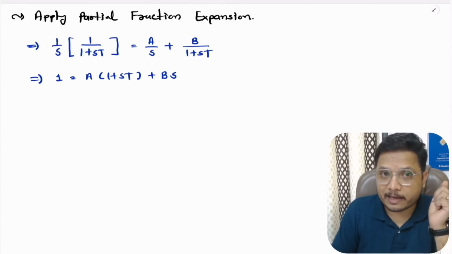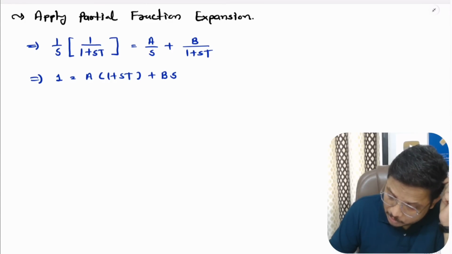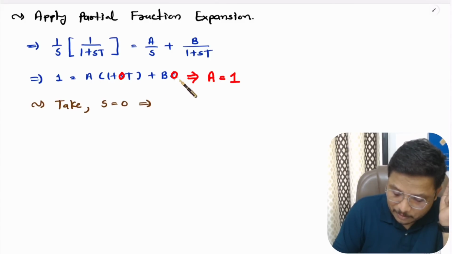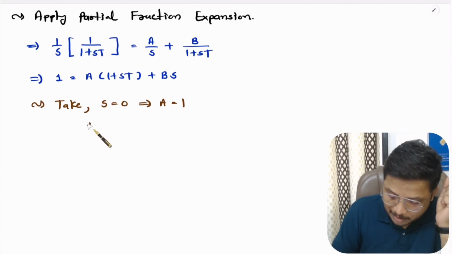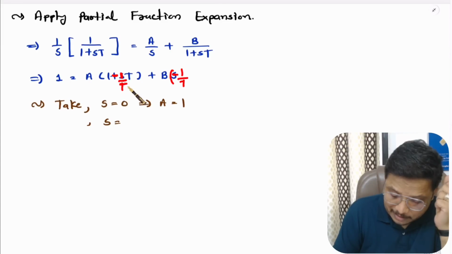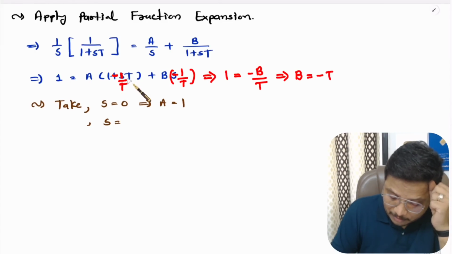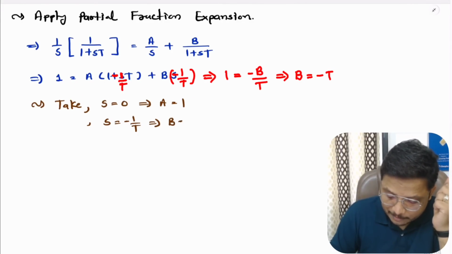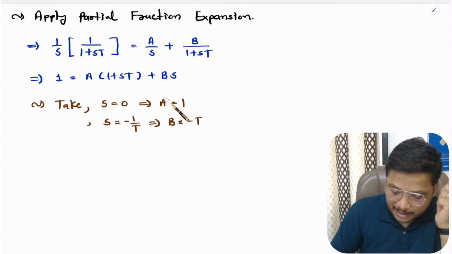Now we need to identify the constants A and B. To identify them, we need to assume values of s. If you assume s equals 0, then A will be 1, right? And if you assume s equals minus 1 by T, then 1 minus 1 will be 0, so we will have the value of B as minus T. That is how we can identify A and B.